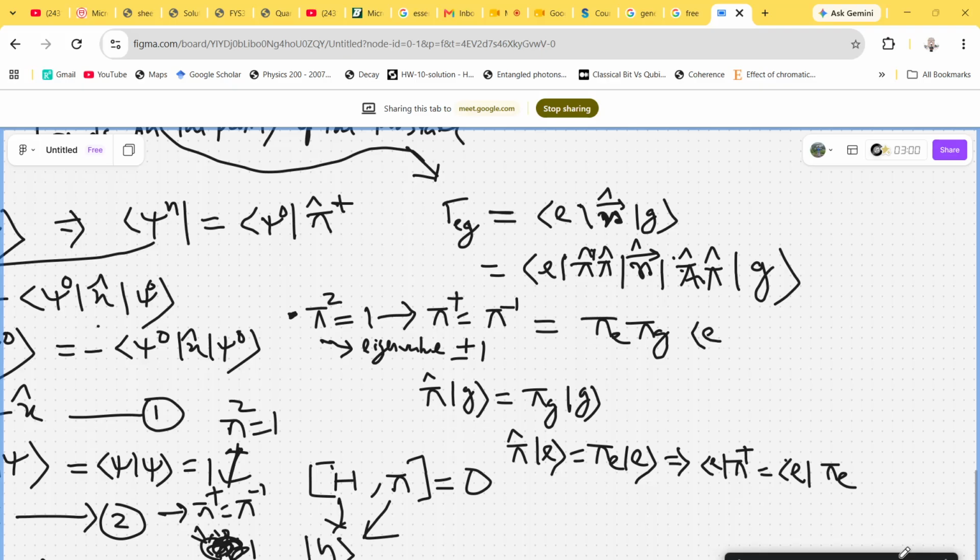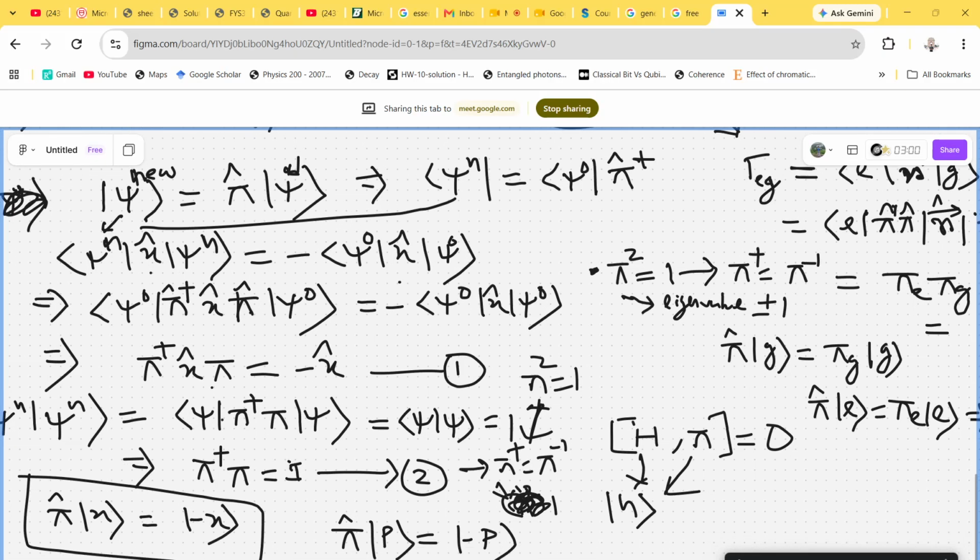Then what are you left with? E remains here. Then you have pi cap R, pi cap, and this is G. Now these two you see, pi cap R. Pi cap x equals minus x, you have shown, right?